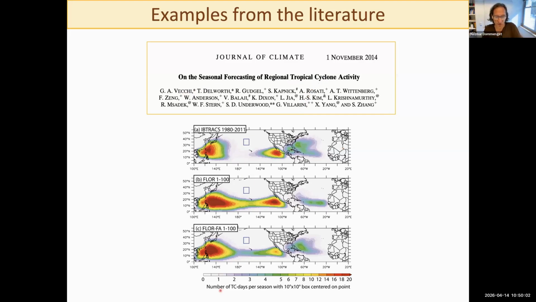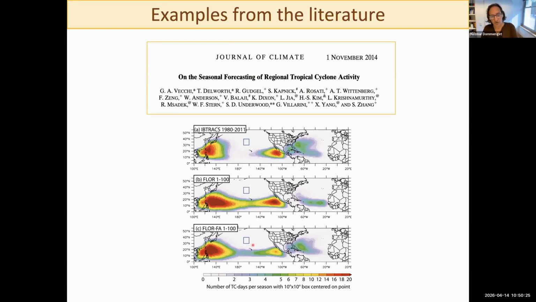Here you see statistics of the number of tropical cyclone days per season. The upper one is observed, and the middle one is their model without any corrections. If you look at the Atlantic near the US, the numbers are way too small in the model, and in the observations this should be much larger. Also in the Pacific, the numbers are off.